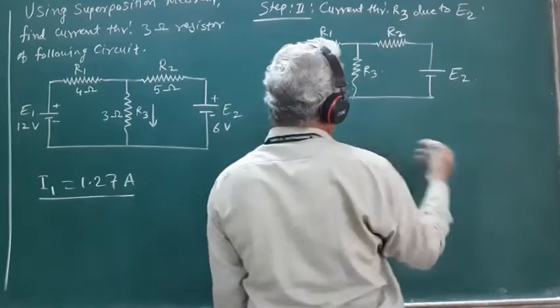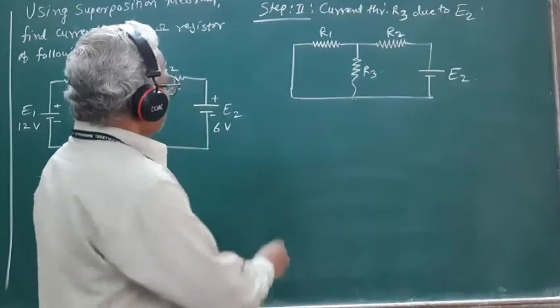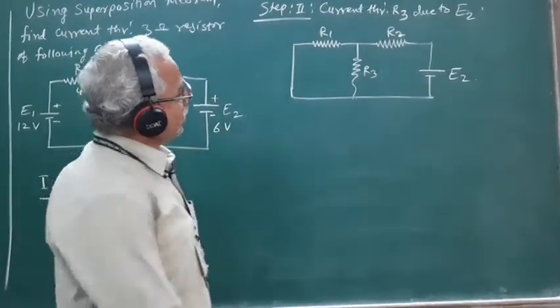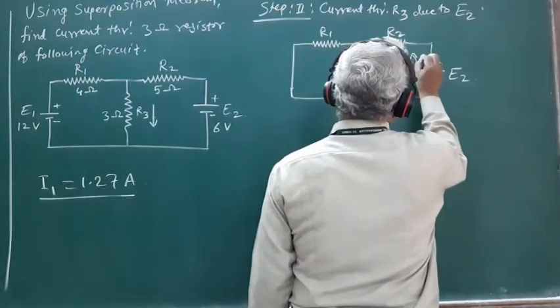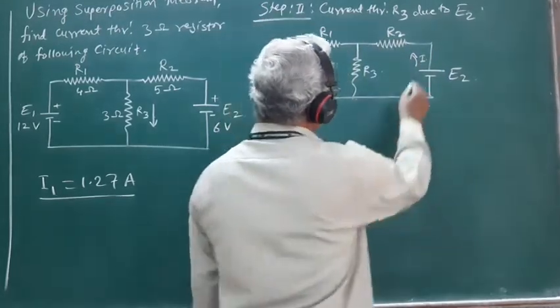So when we have this source E2 connected in the circuit and E1 is killed for its EMF, then this source E2 will send a certain current to flow through the circuit, considered to be I prime.